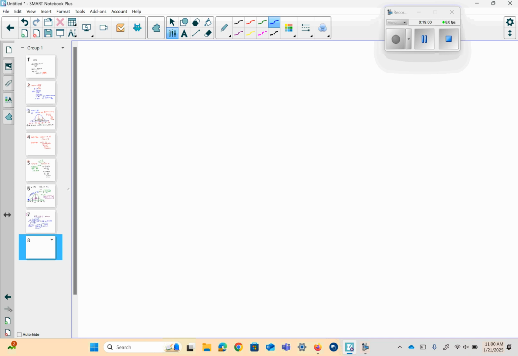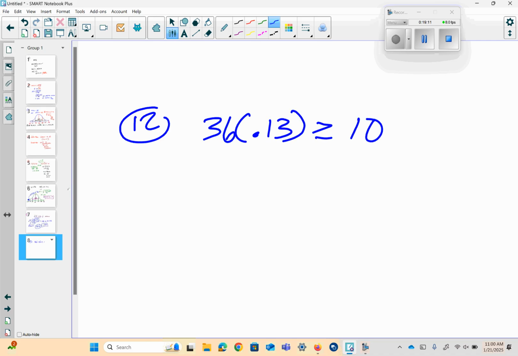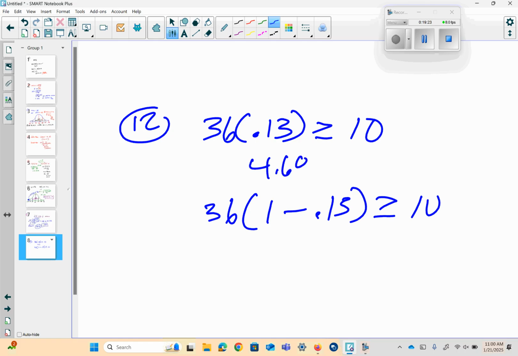12. Does this fail any of our assumptions? I'm going to say probably. So if I go 36 times the 0.13, is that greater than 10? Or is 36 times 1 minus 0.13 greater than 10? So just do a little math. 36 times 0.13 comes out to 4.68.